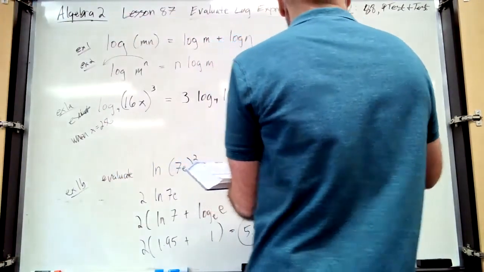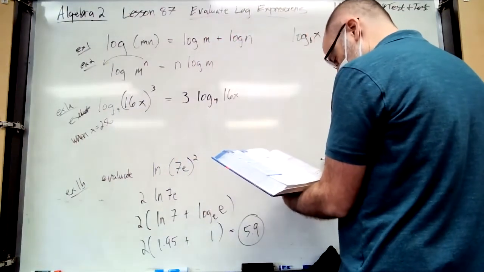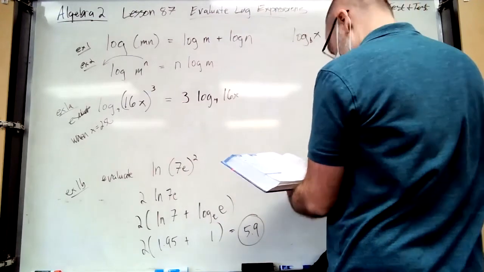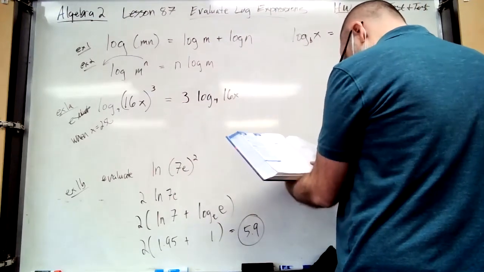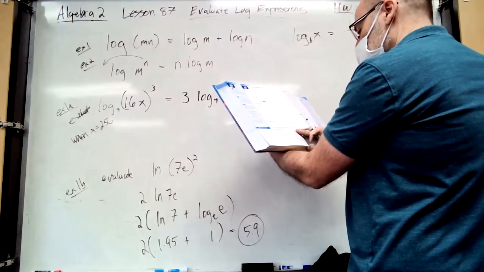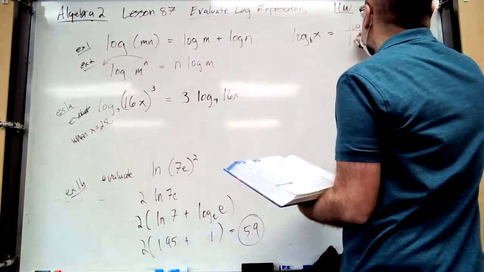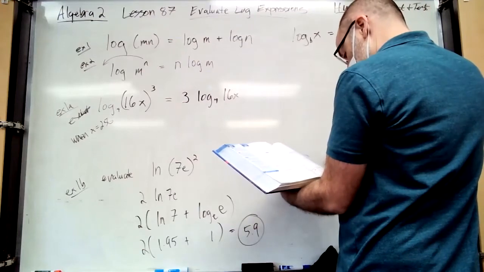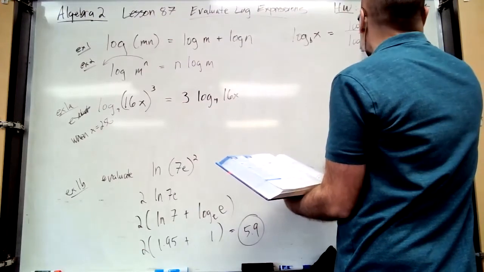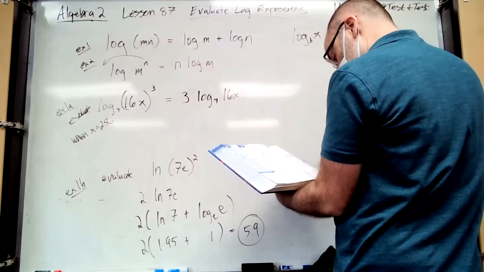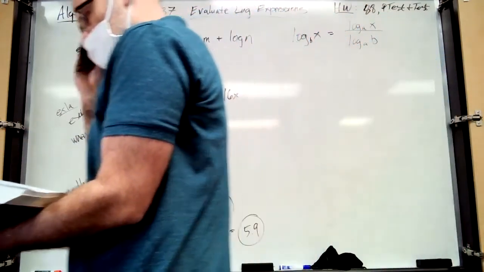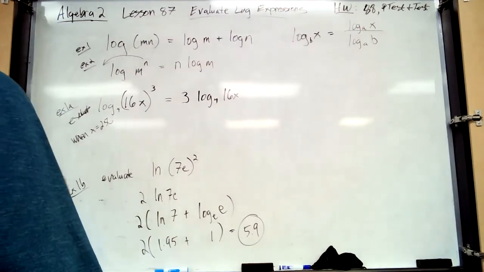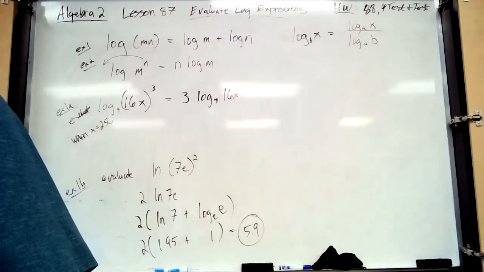All right, log base b of x equals log base a of x divided by log base a of b. Okay, where a is the new base and b is the old base.